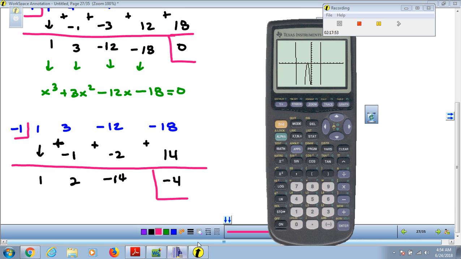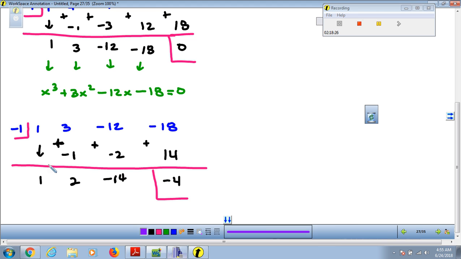So let me give you a tip. When you have the graph already on the calculator and you see that there are several different x-intercepts, then don't reuse any of them right away, because this is going to happen to you. You're just going to waste time to realize that it's not going to give you a 0 on the remainder, and you're going to have to do it again.